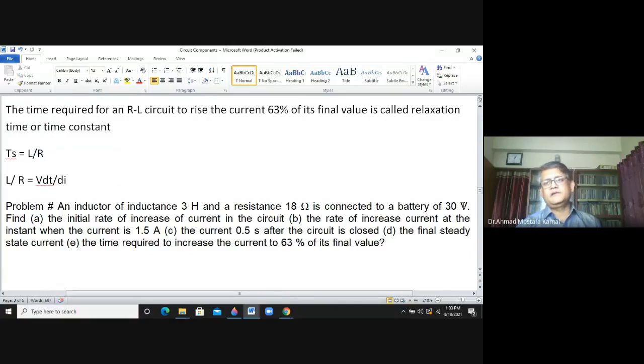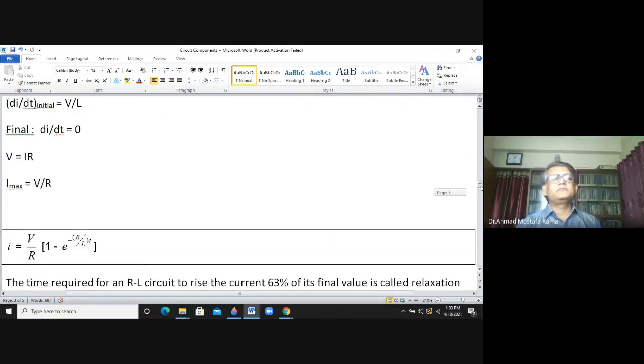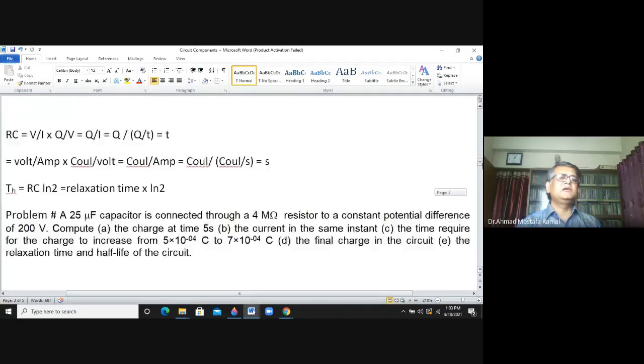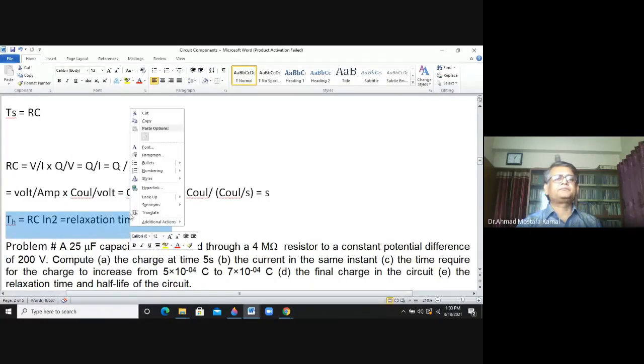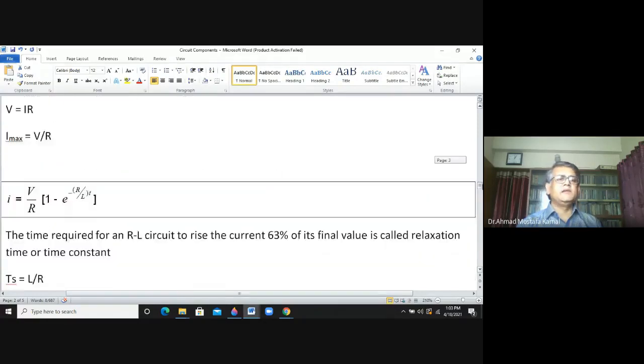What is the relationship between half-life and relaxation time? Relaxation time into ln 2 equals half-life. In the last class we wrote half-life equal to RC ln 2, where RC was the relaxation time. Half-life means 50% of the current will be reached in the circuit.